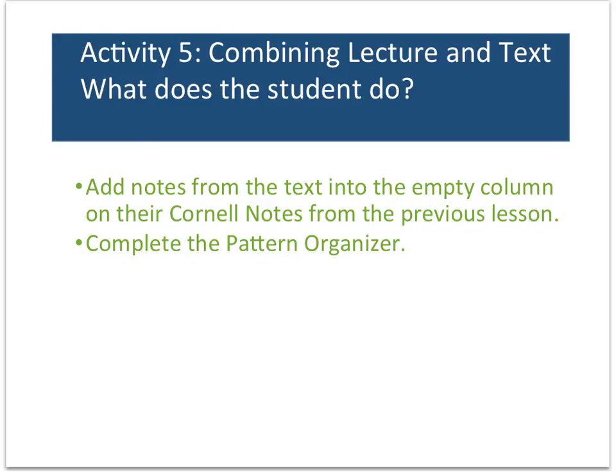At the end of the Cornell notes, they write a summary, and so they could write the summary of the information at the bottom of each page, and your summary should include only the major points. This is another thing you might have to help them with. And you might just have them write the summary about the information that they integrated, which was the Bay of Pigs and the Cuban Missile Crisis.